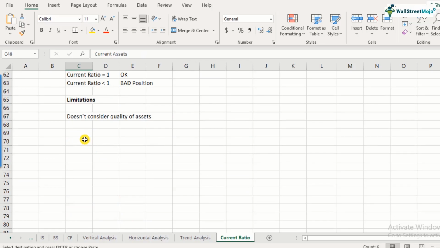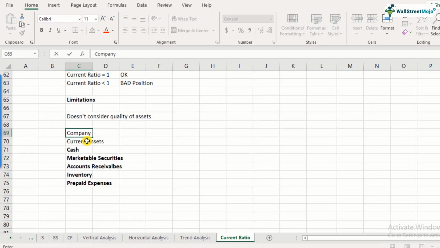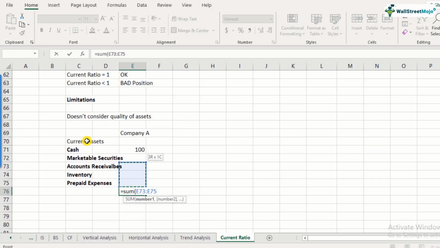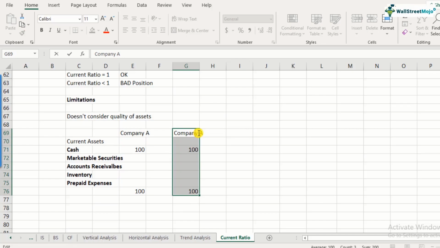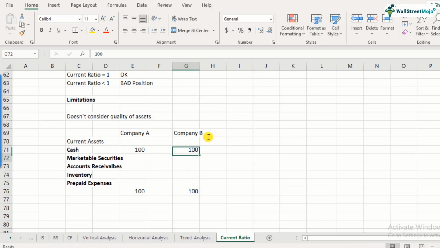So let's imagine a situation where we have company A, and company A has all of its current assets, let's say it's 100, all as cash. And there is another company called company B, and for company B, all of its current assets are in, let's say, inventory.